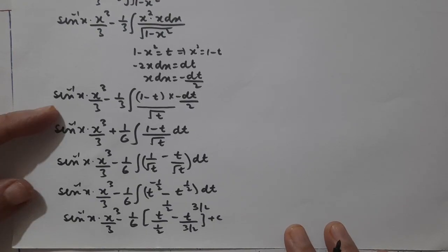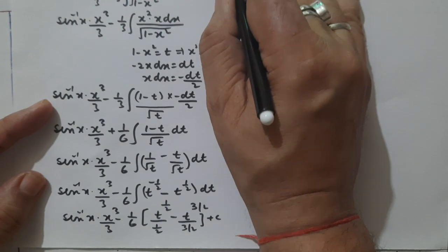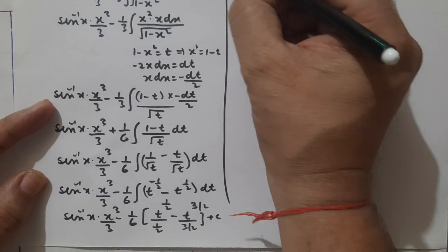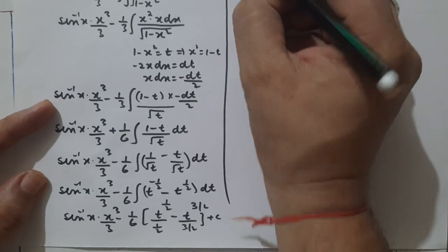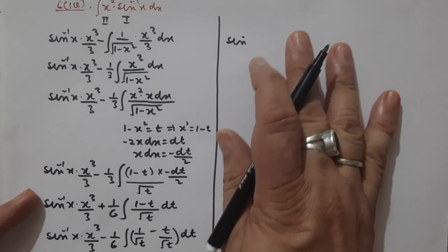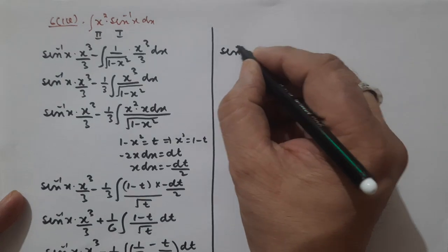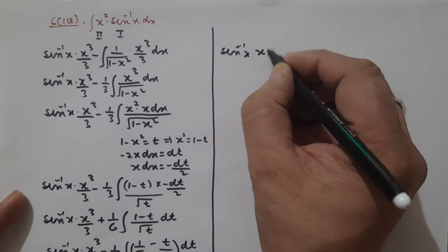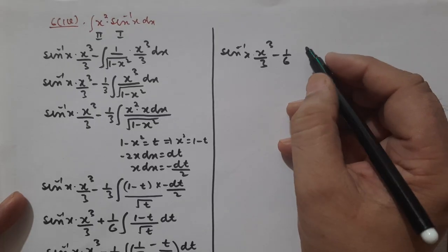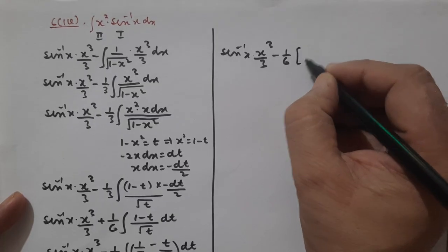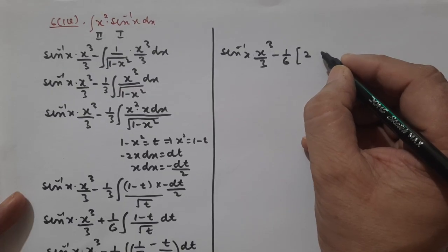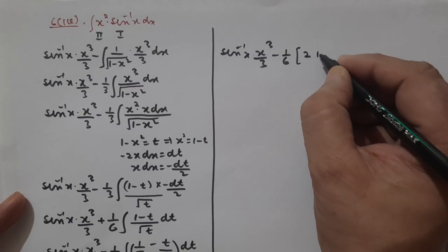Now students, making it simple, we can write it like this: sine inverse x into x cube upon 3 minus 1 by 6, and here we get 2 times t power half, and t is 1 minus x square.